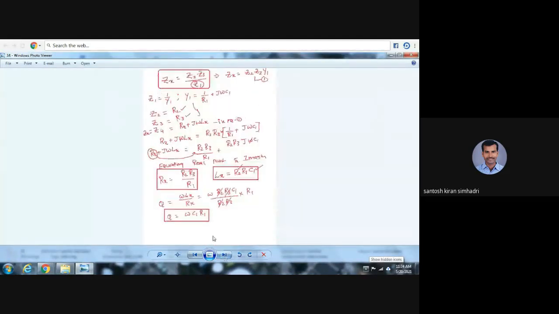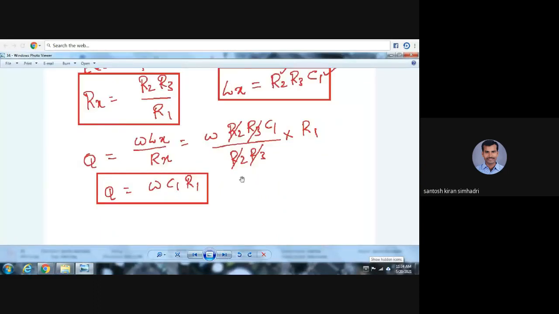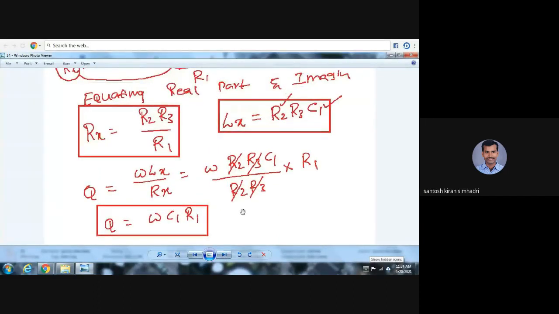Then come back to Maxwell's bridge. What is the Maxwell's bridge value of Rx? What is the expression for Rx?